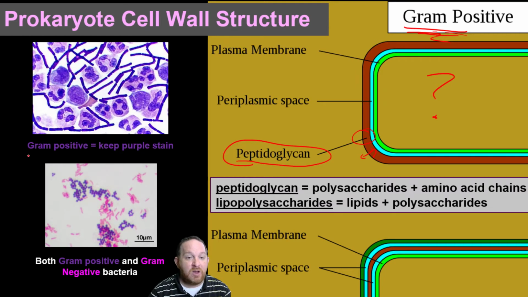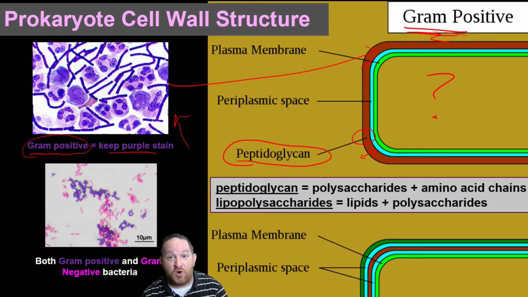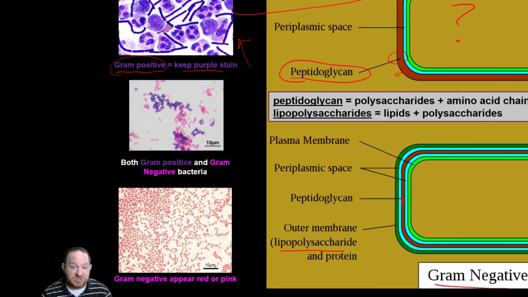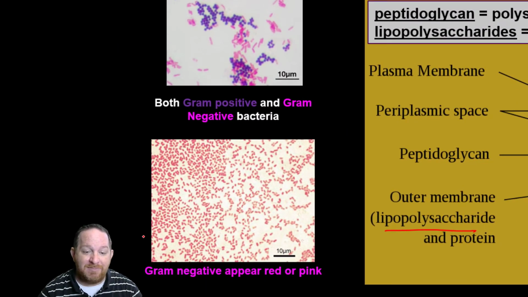When we put the stains on the bacteria, what we find is that the gram-positive bacteria will keep the purple stain. So when we're looking under the microscope and we see a lot of purple, we can say, this is the gram-positive category. Now I can further determine and do some more tests to see what bacteria it is. If the purple stain washes off, what we'll see is gram-negative.